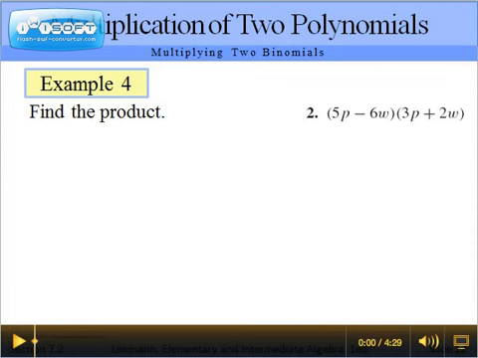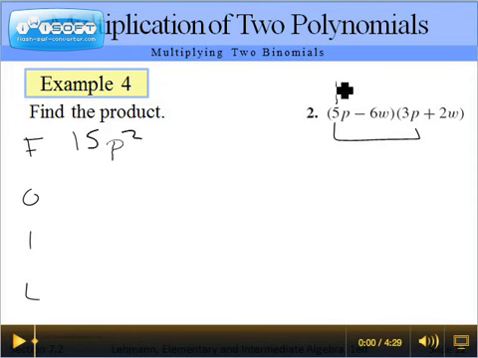So if I want to find the product of 5p minus 6w times 3p plus 2w, I will FOIL once again. So I would have first, outside, inside, last. So I'd have 5p times 3p, so that gives me 15p squared. I would have 5p times 2w, so that gives me 10pw.